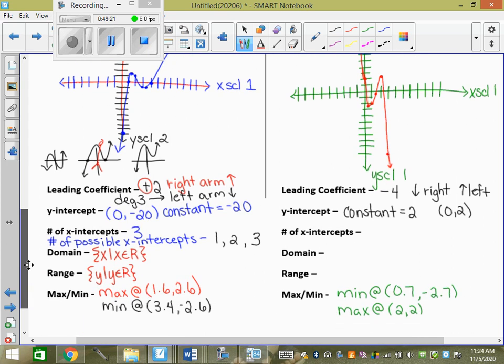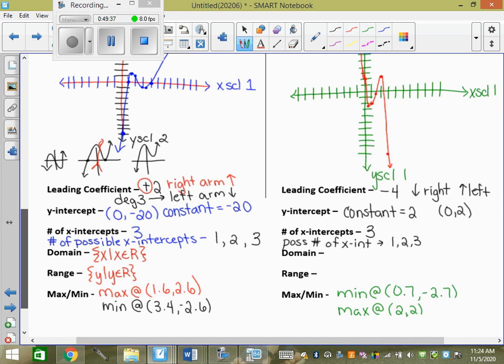How many x-intercepts did this one have? 3. What if instead I asked the possible number of x-intercepts? You'd say 1, 2, or 3. There's a difference between how many x-intercepts there are and the possible number of x-intercepts.